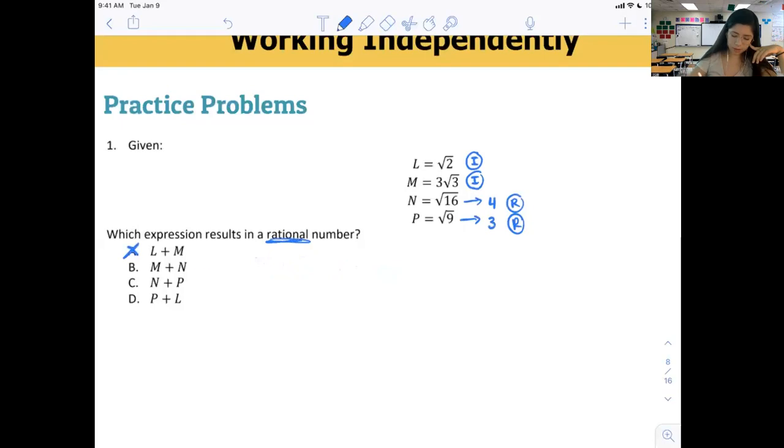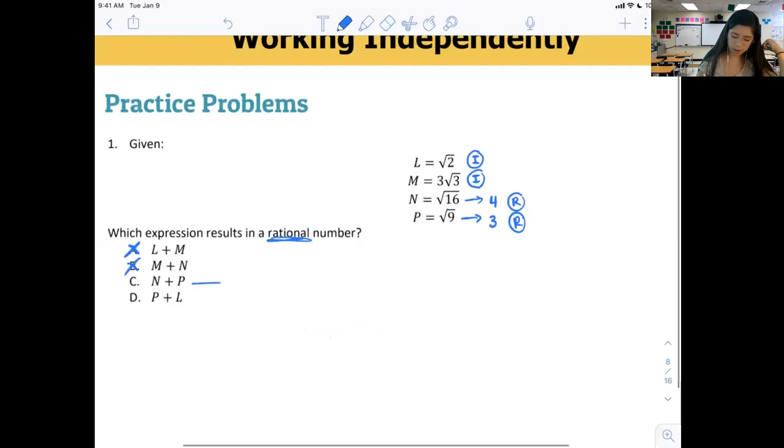M plus N. So that's going to be 3 times the square root of 3 plus 4. That's an irrational number plus a rational number, which always gives me what? Irrational. So not going to be B either.